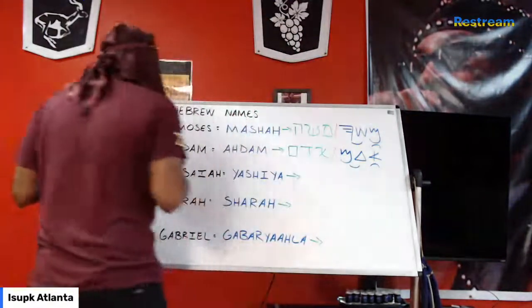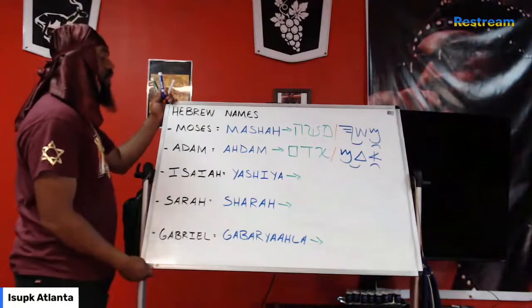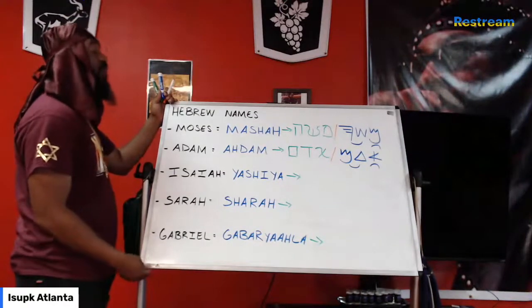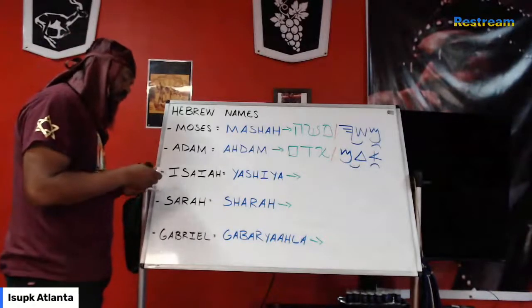Okay? So far, this is what we have. We have Moses, Mashah, Adam. Next, let's go with Yeshaya.